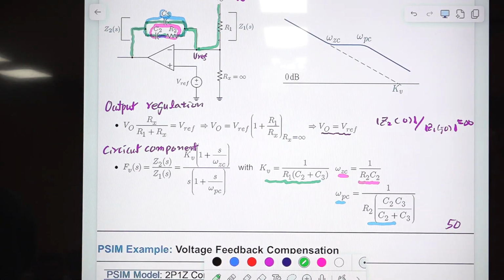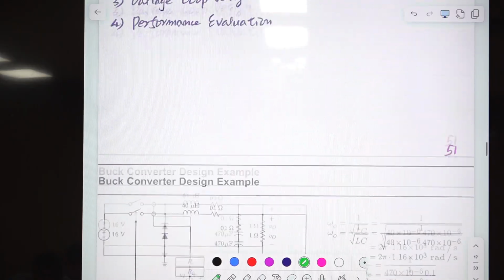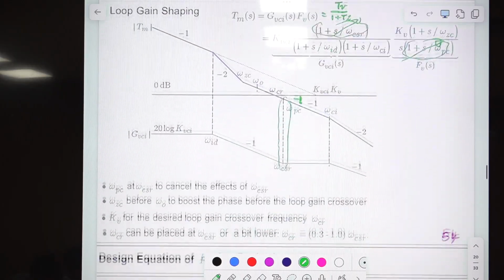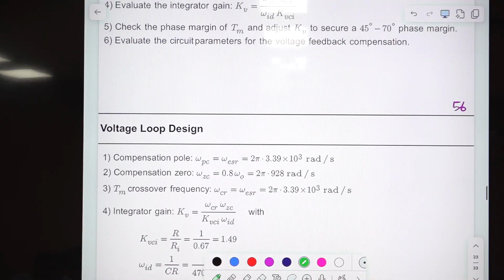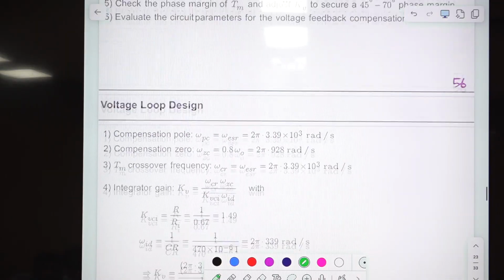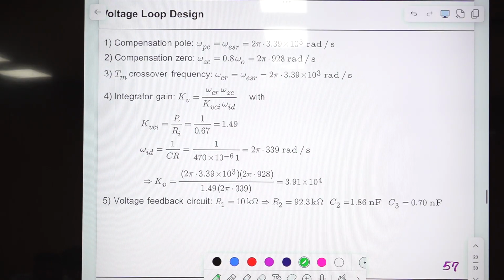Then based on this equation, the remaining 3 parameters will be determined almost automatically. This is the procedure, and this is the design output.